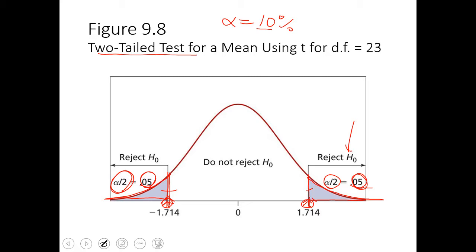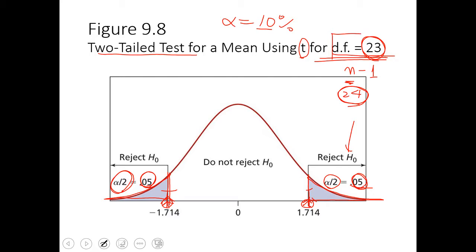Instead of the normal distribution, we have to use the t distribution with degrees of freedom 23. This 23 comes from n minus 1. And as you know, we checked 24 samples in the collected data. So degrees of freedom is 23.